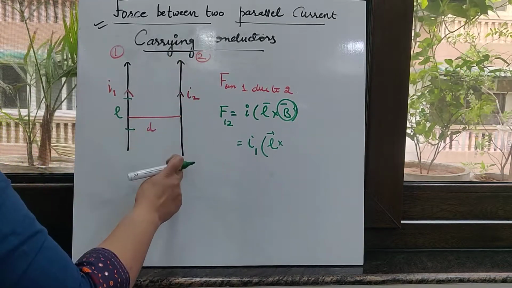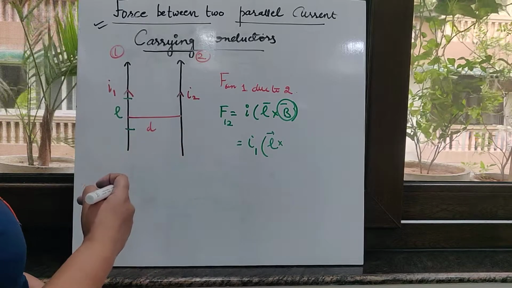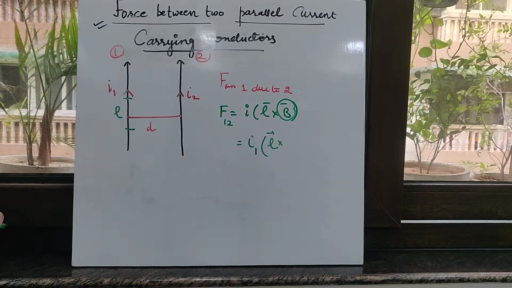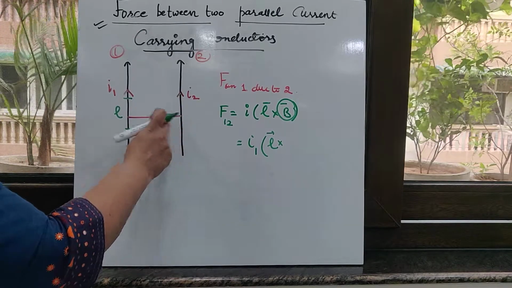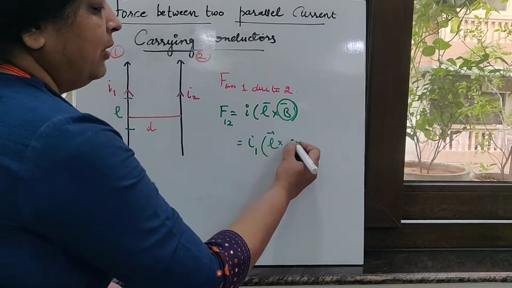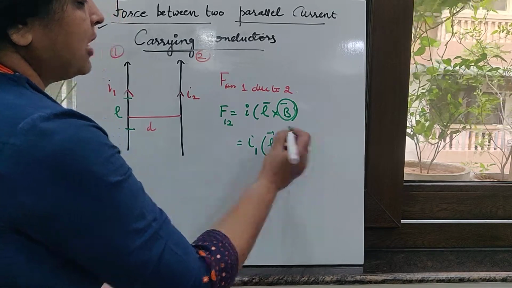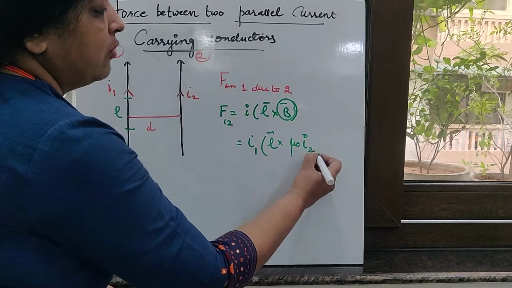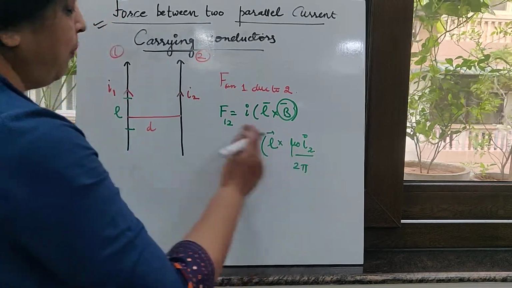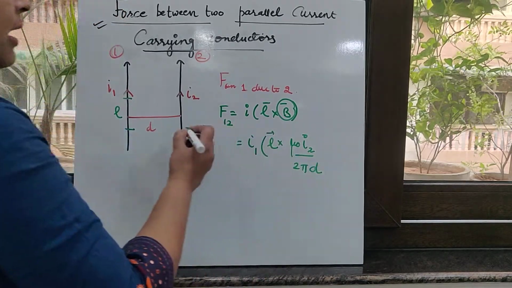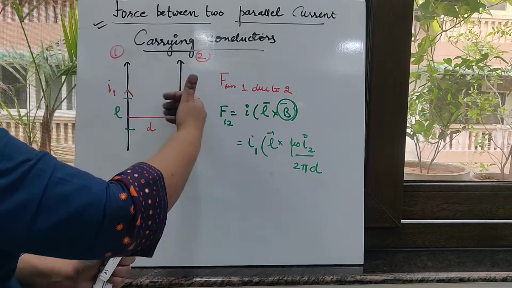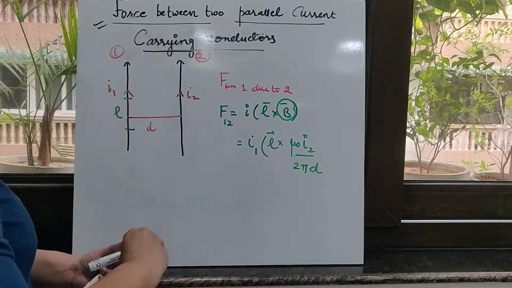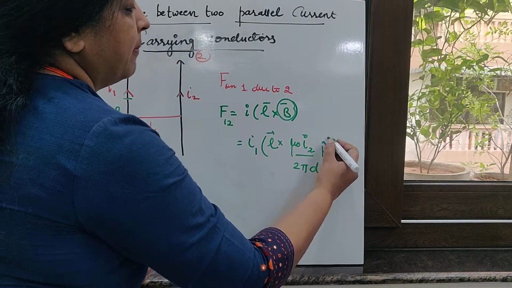Because it is a straight conductor, we have already learned using Ampere's circuital law how to find out the magnetic field due to a straight current carrying conductor at a distance d. And we know the expression was mu naught I, the current is I2, so I will write down I2 divided by 2 pi d. And the direction of magnetic field, just by using the right hand thumb rule, is outwards, so I will write down k cap.